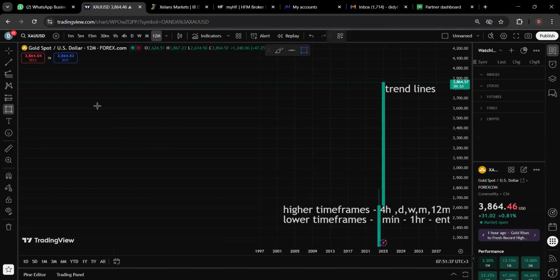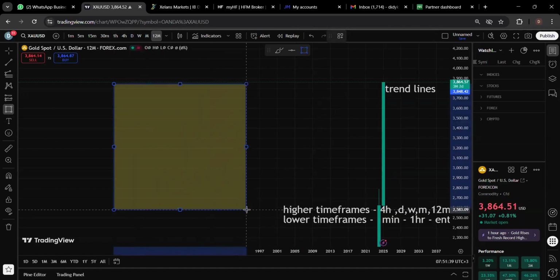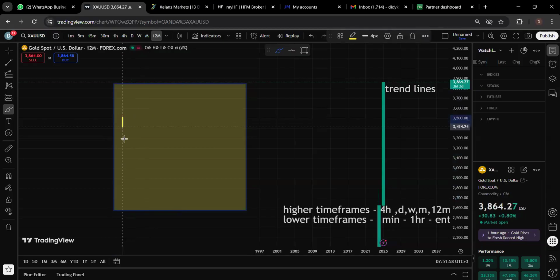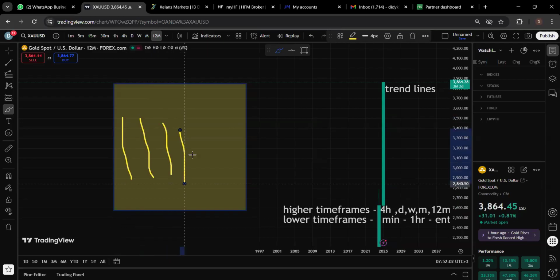So if this is the yearly candlestick, how many months does a year have? 12 months. So if 1 year has 12 months, it means inside this 1 year candle, it has 12 months inside.